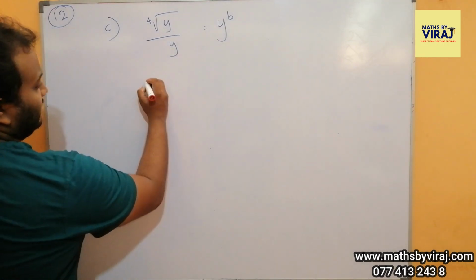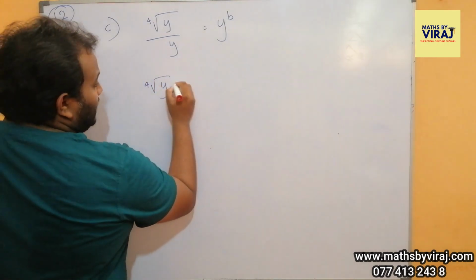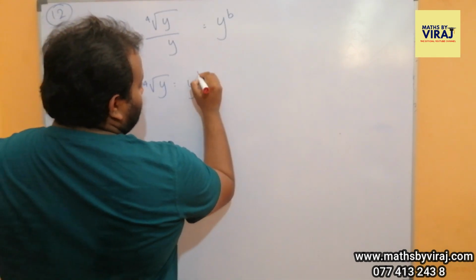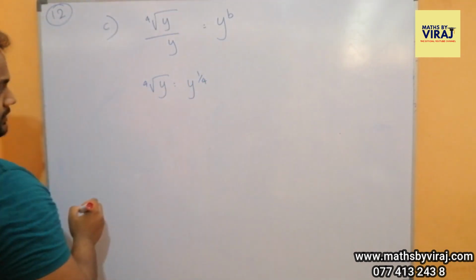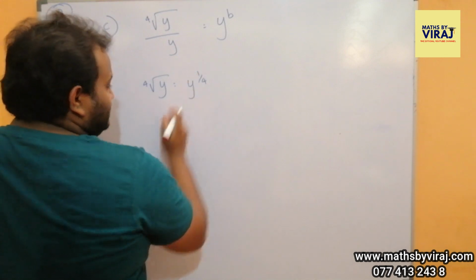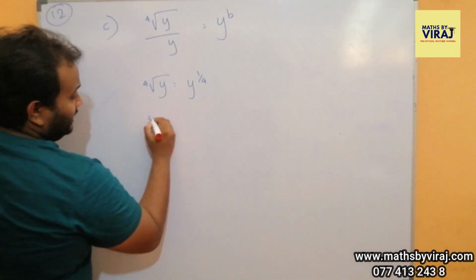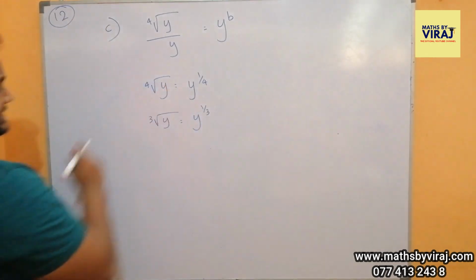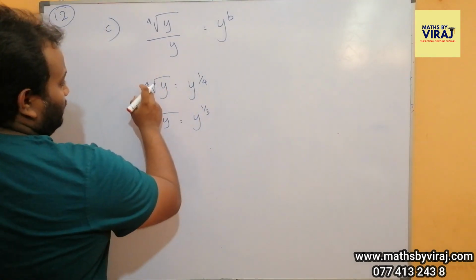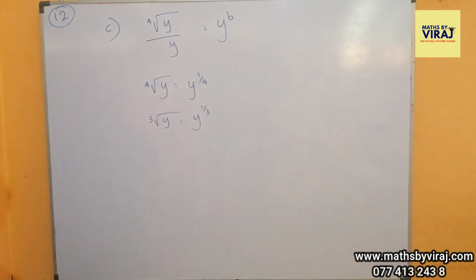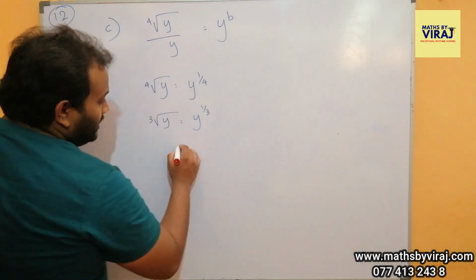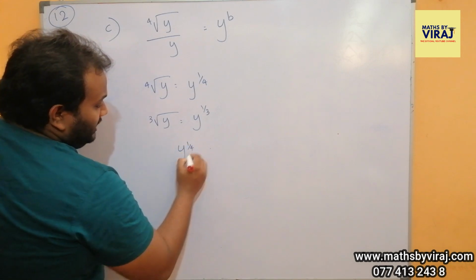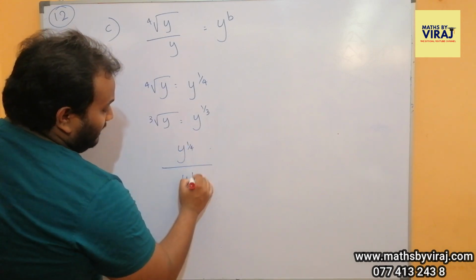When you see such a number, you can write this as y to the power 1 over 4. We remember this in the form, if we get the cube root of y, we write it as y to the power 1/3. Similarly, instead of 3, if we have 4, you can write it as y to the power 1 over 4. Therefore, y to the power 1 over 4 is divided by y to the power 1.